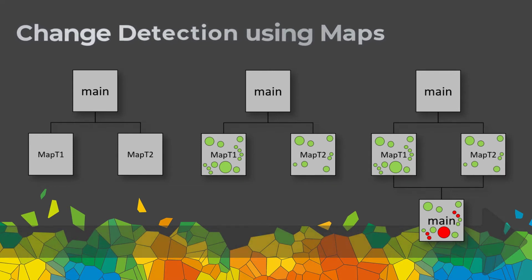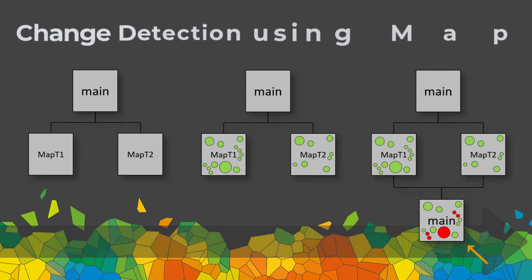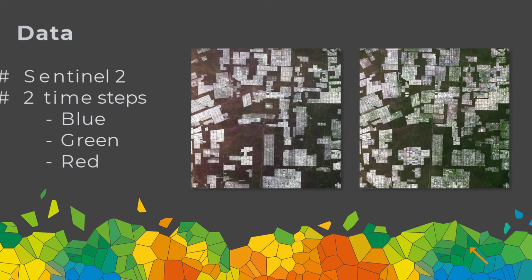We're going to have actually 3 maps: the main map where we have all the data, then we're going to create a copy map of only the time step 1 layers, and another map T2 of only the layers for the second time step. And we're going to create a segmentation and classification on each map, only using the respective layers of that time step. And afterwards, we're going to fuse the data back together on the main map and detect change. So that's the goal. We want to see how it changed between these two time steps.